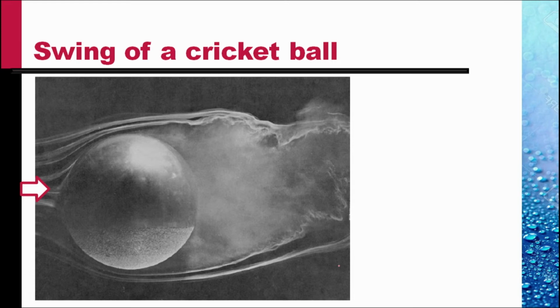One side of the ball has been roughened and one side of the ball is smooth, so that the air is shifted, given a momentum, towards the smooth side, and therefore there's a net force that is downwards. So this mechanism of swing seems justified.